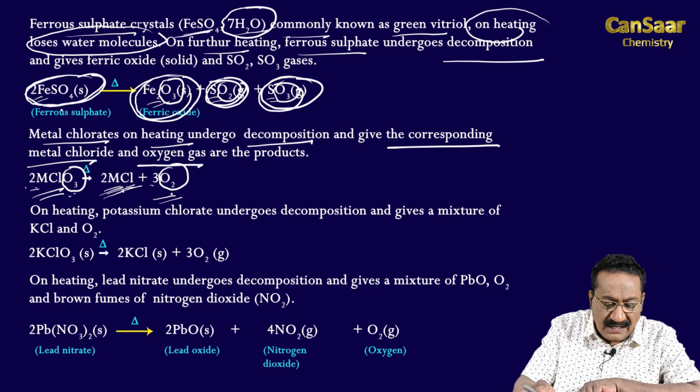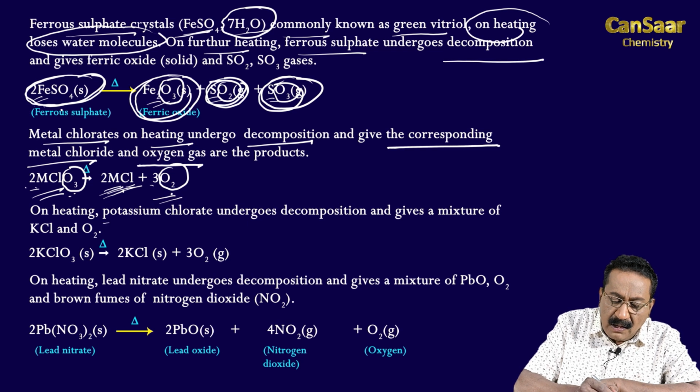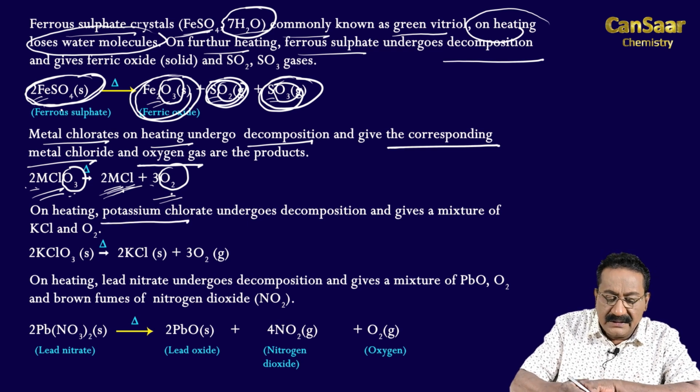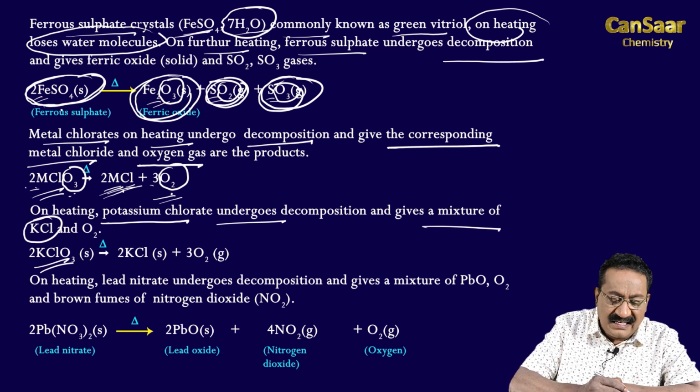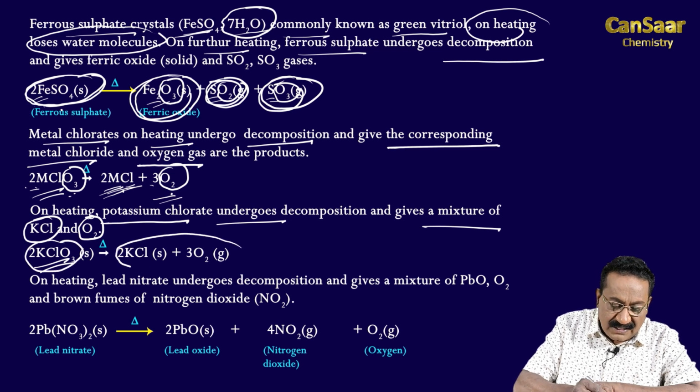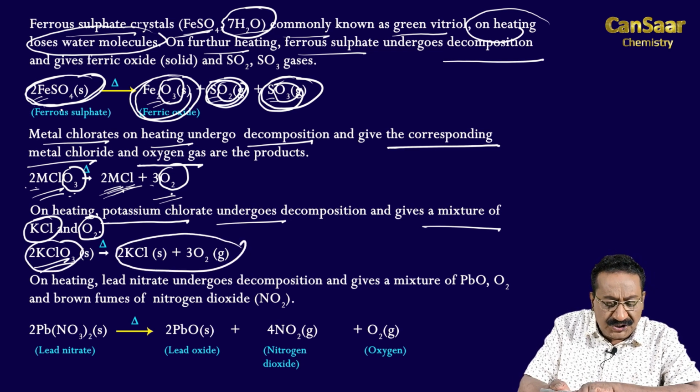Equation is balanced. On heating, potassium chlorate, KClO3, undergoes decomposition and gives a mixture of KCl and O2 gas. So, one substance becoming 2 substances, decomposition.